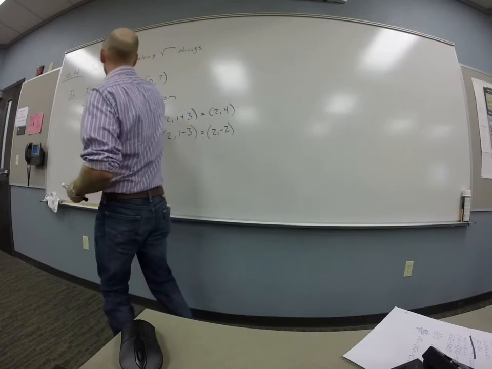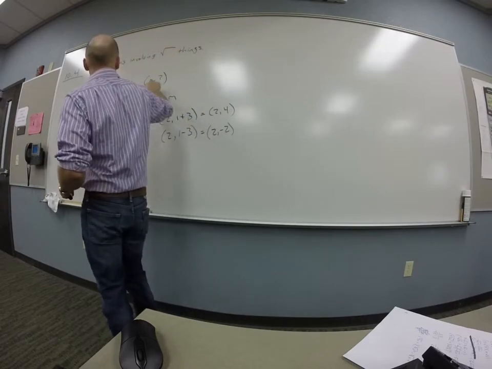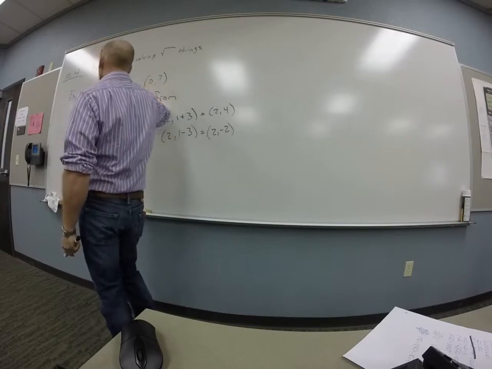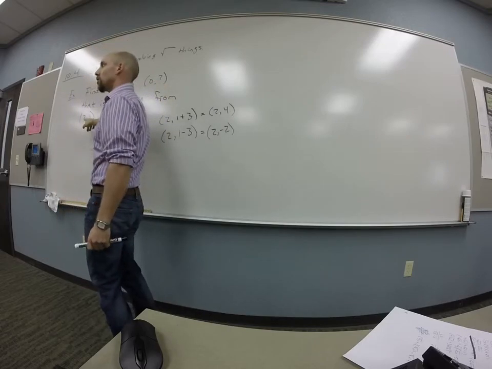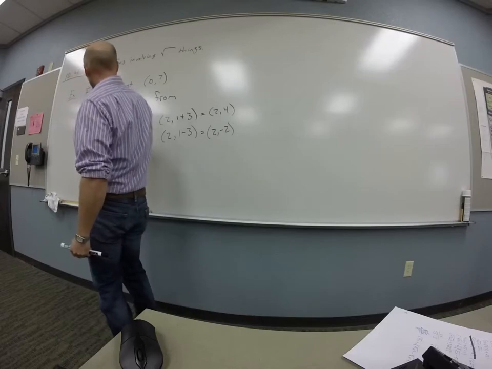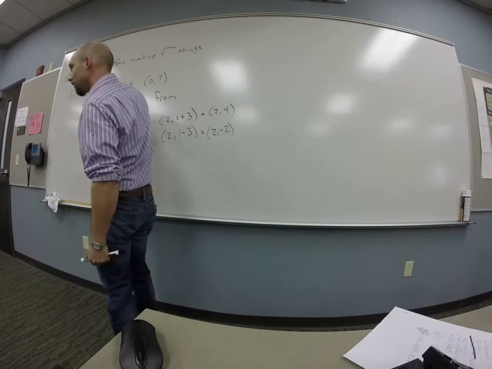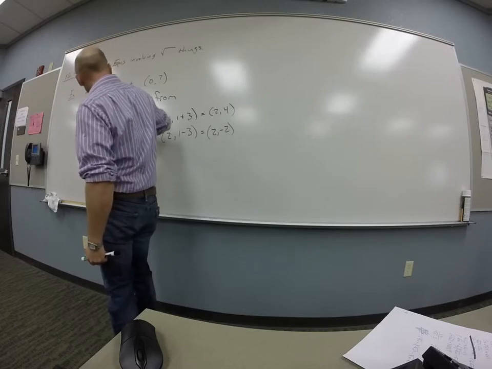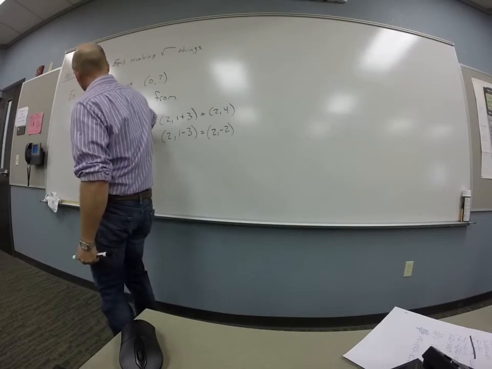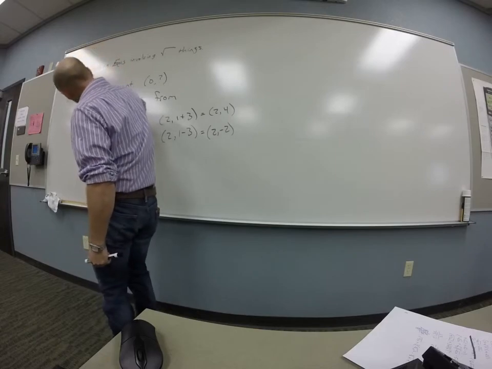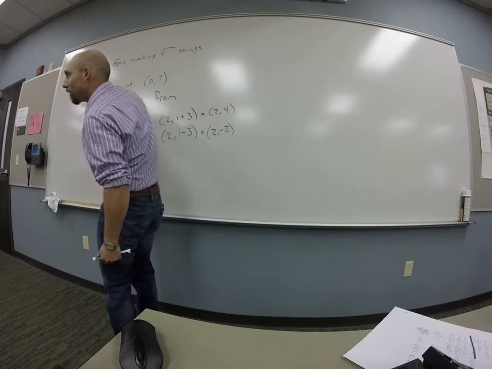So I'm looking for a point that looks like 0, comma something that's 3 units from here. So if it's 0, comma something, it's blue, and then it's got to be 3 units away. So 3 units is maybe this far. There's one.